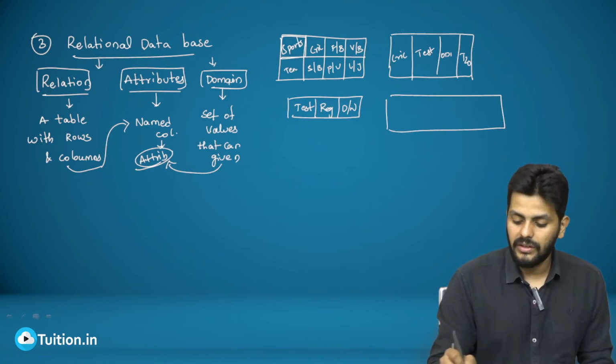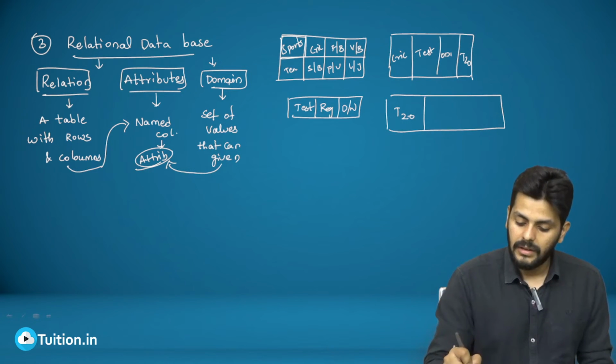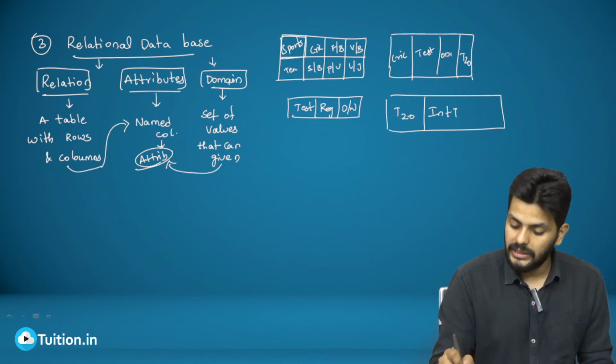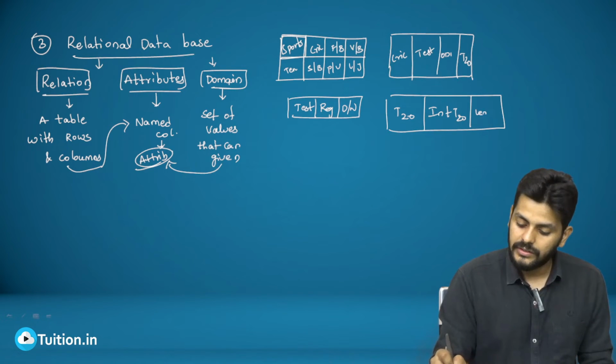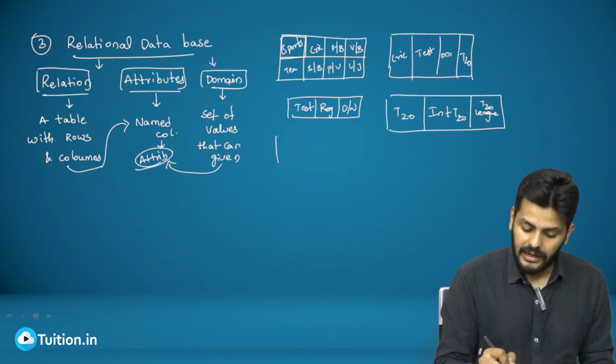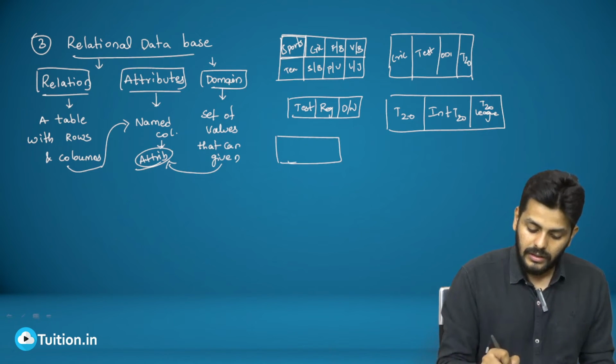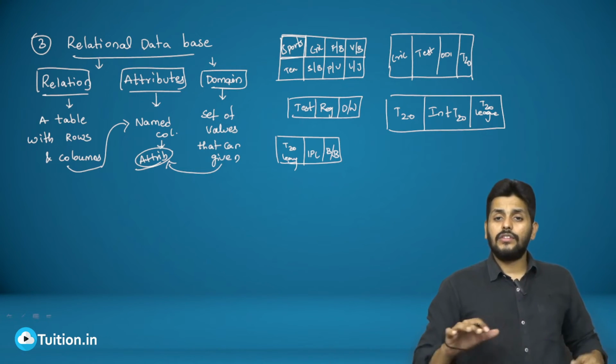Then we have a box for T20: international T20, then T20 leagues. Then another box wherein you have only T20 leagues, IPL, Big Bash. Let's say this is how data is arranged.